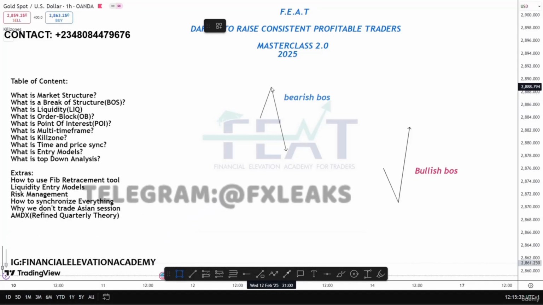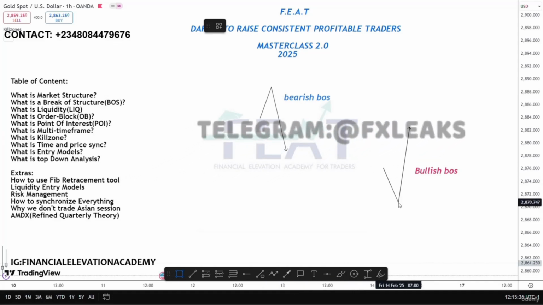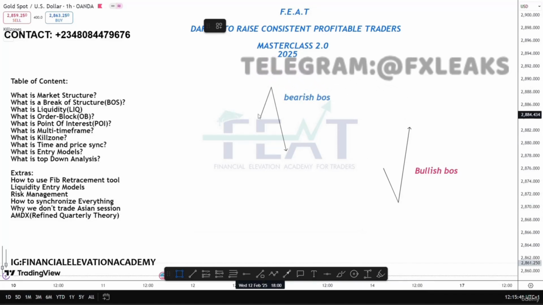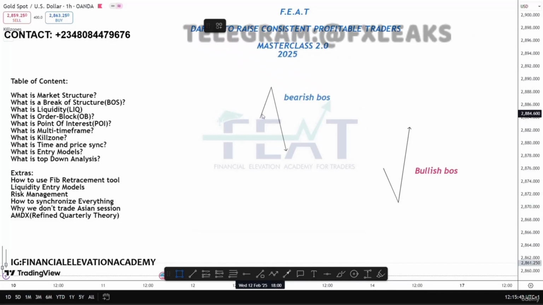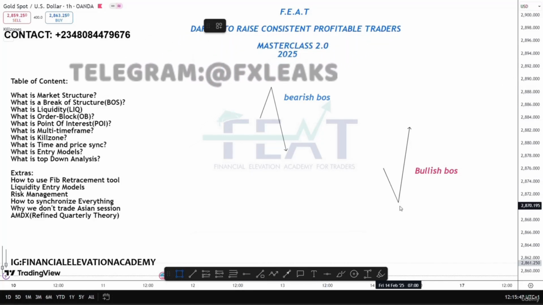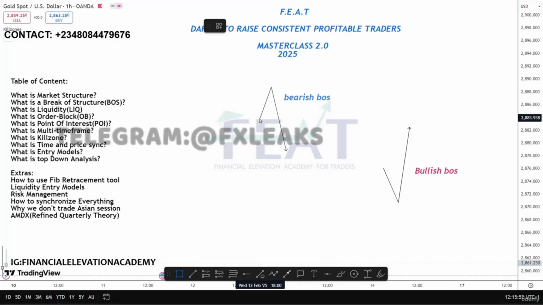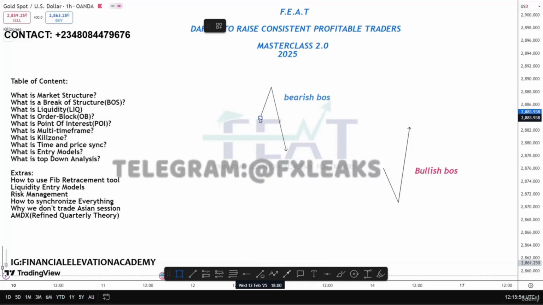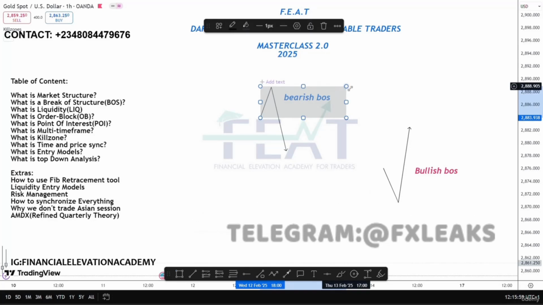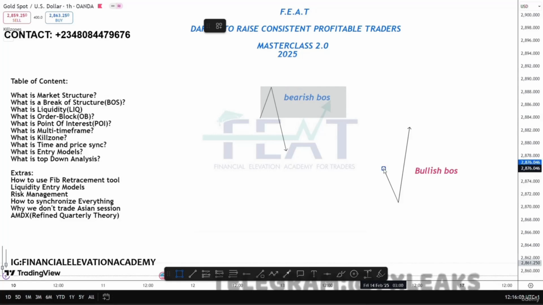That was why you saw a rejection. Similarly, nobody was willing to push price lower, hence you saw a heavy rejection. Now, this was the last time people were heavy on buy or were buying, and this was the last time people were selling. So psychologically and market structure wise, there is a lot of sentiment at these levels. There is a lot of sentiment at these levels here.